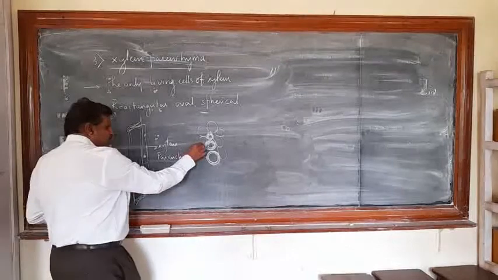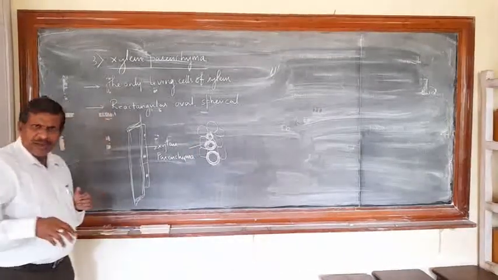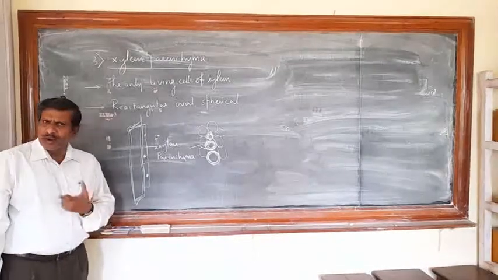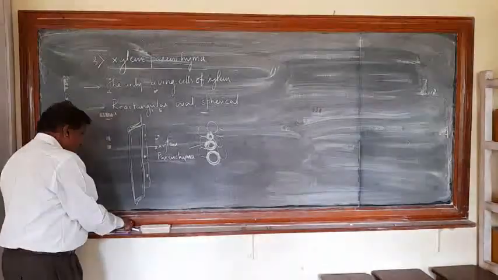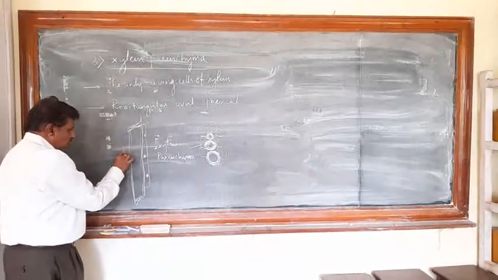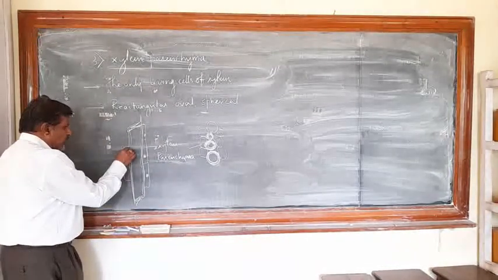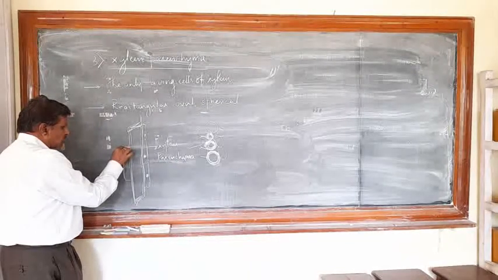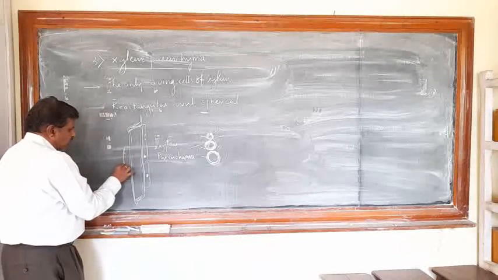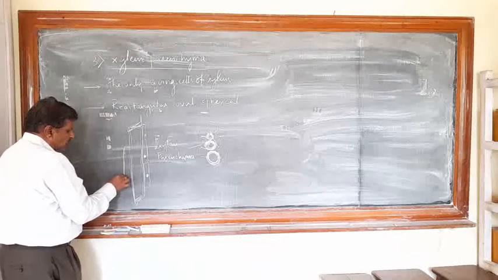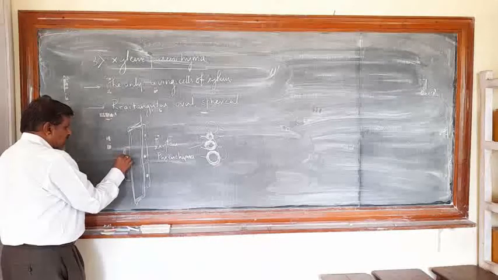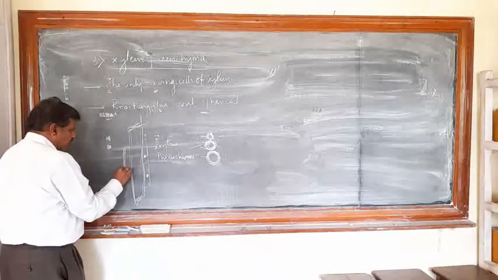At a later stage, these xylem parenchyma cells often develop lignin thickening. Very slight lignin deposition may occur. Assume that this is the xylem vessel. After some time, lignin deposition may take place here. Once the lignin deposition occurs, the thin cell wall usually becomes thick.